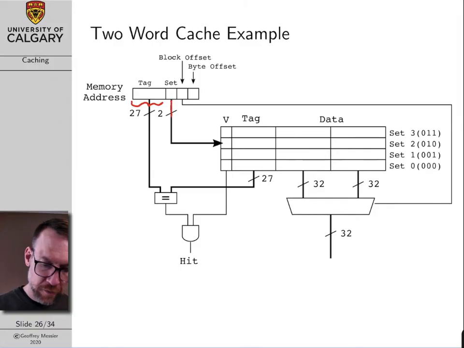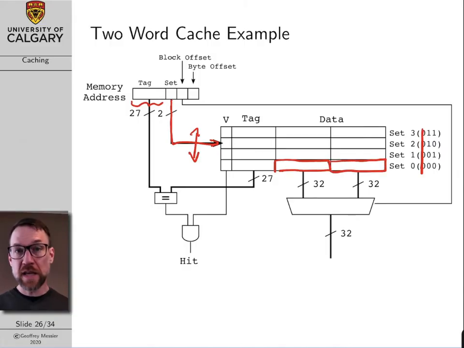We index our set using the set bits, except now we only have 2 because we only have 4 sets to choose from. So we don't have 3 bits, we only have 2. And then each cache entry consists of 2 words.